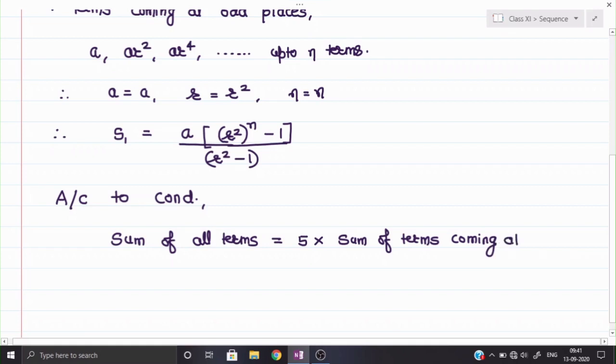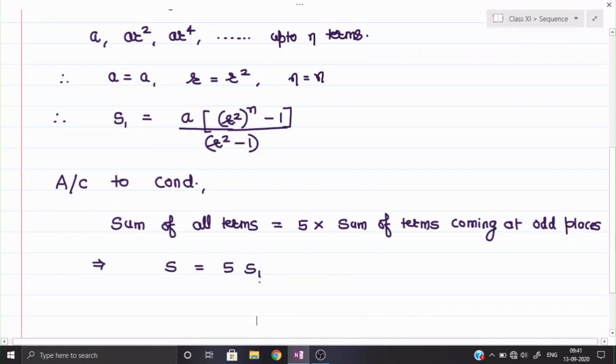Now the sum of all terms we are denoting by capital S is equal to 5 times S1. Put in the values of S and S1.